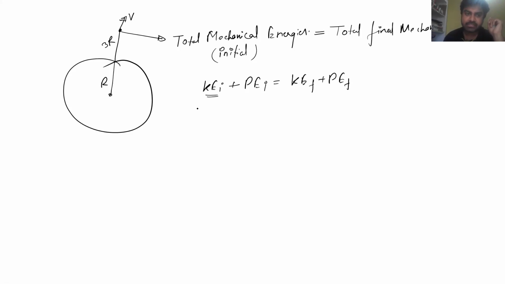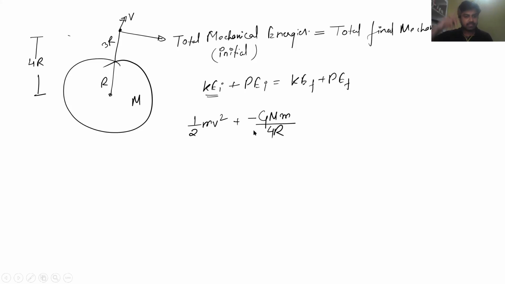So kinetic energy initial is half mv squared, as we have assumed the velocity to be v. And potential energy initial, since it is at a distance of 4r, is minus G M m by 4r, where M is the mass of earth and m is the mass of the particle.